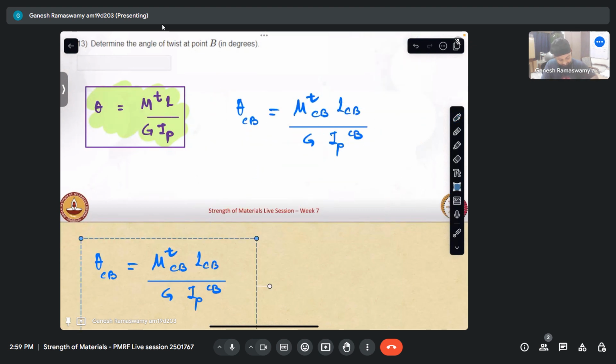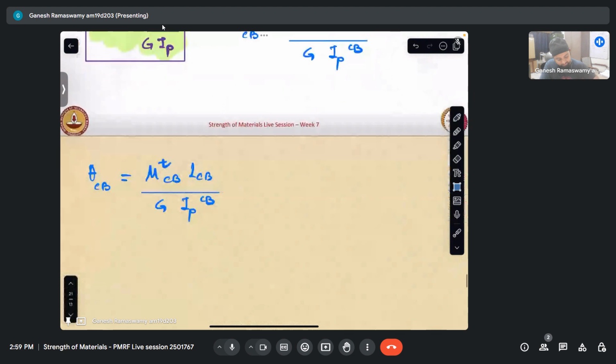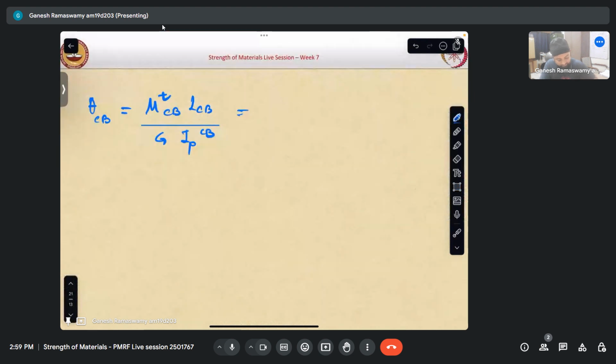So we just found out what the twisting moment is that it is experiencing. It is 300 Newton meter. I'm writing Newton mm for consistency. Into length. What is the length of this segment?